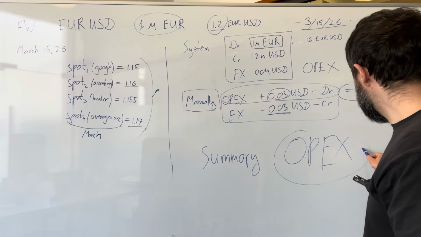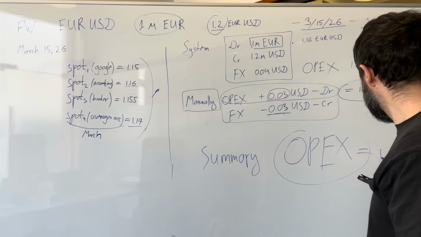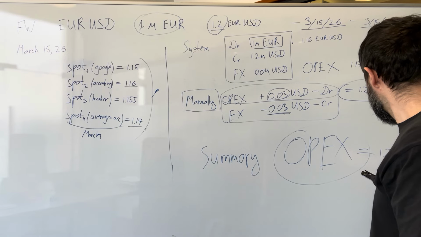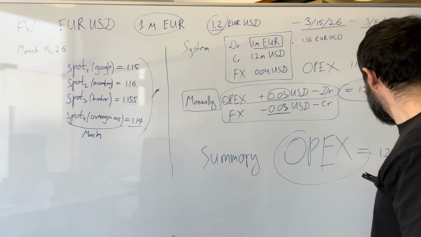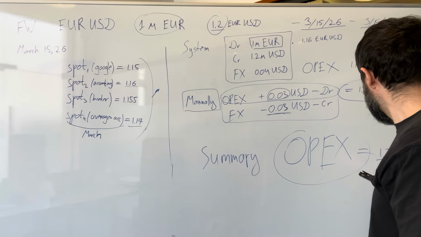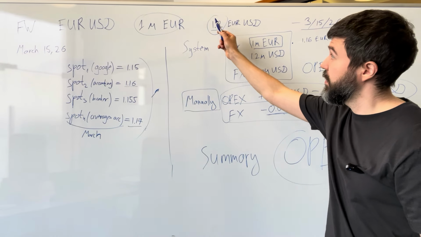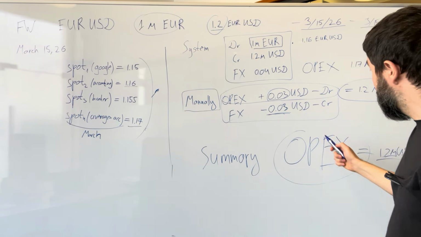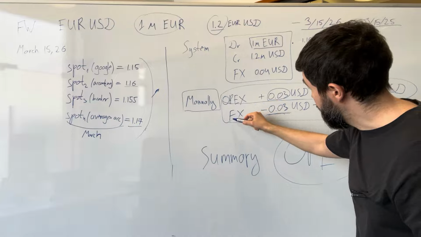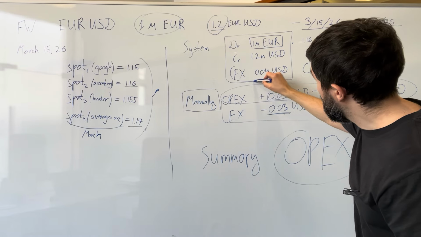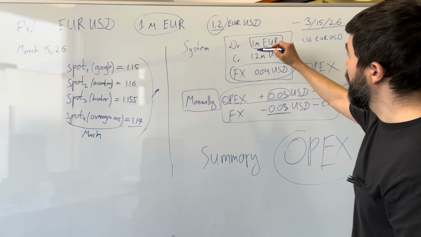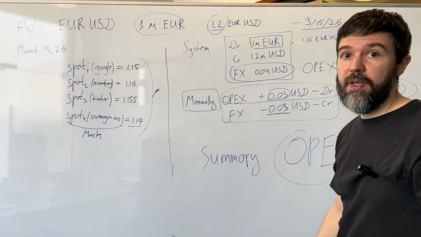Your OPEX should be equal to what was planned, $1.2 million USD, this multiplied by that. And you adjust FX because it was automatically posted by the system into FX.